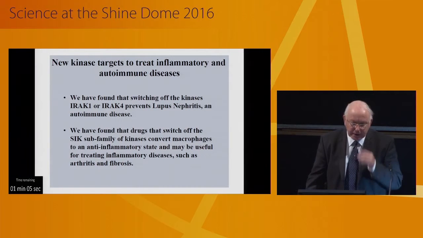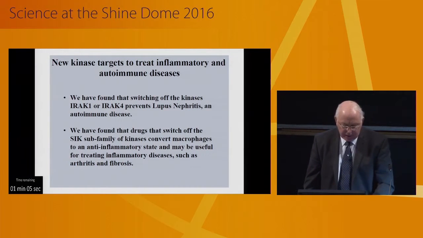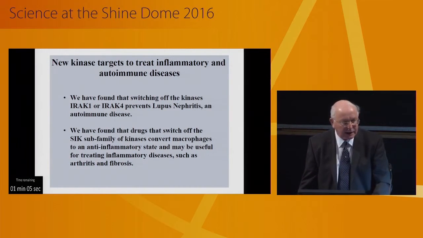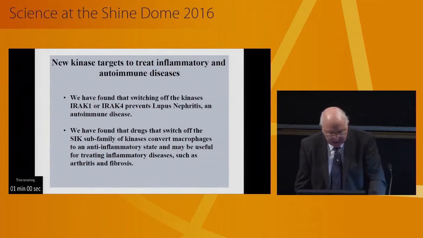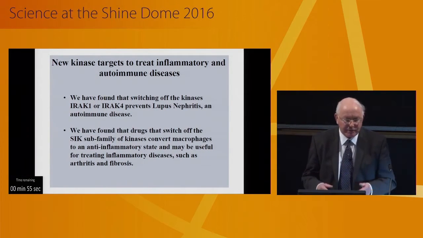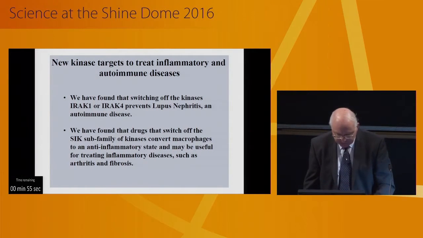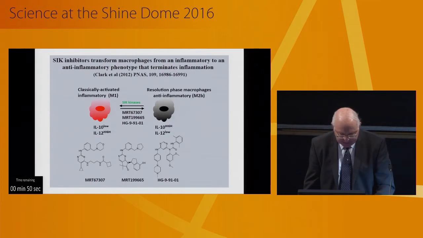We've also recently discovered that a particular subfamily of kinases that go under the acronym SIK convert a particular type of white blood cell from an anti-inflammatory to an inflammatory state.